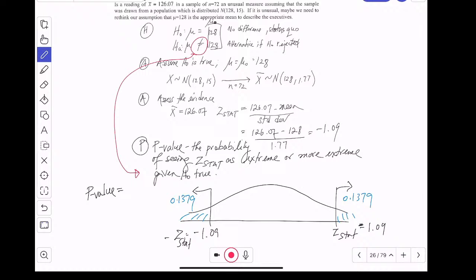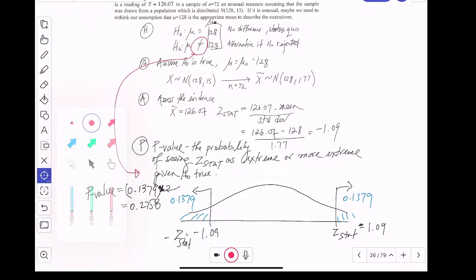It's going to be whatever that is times 2, so 0.2758.